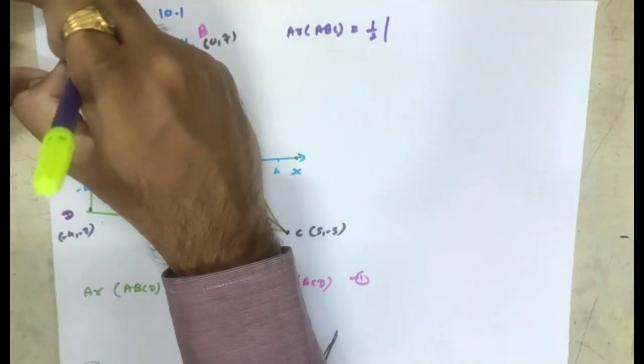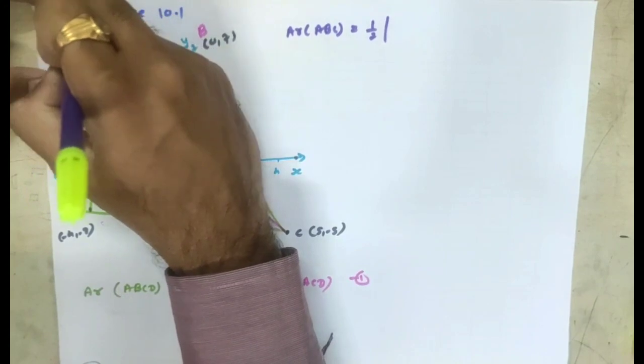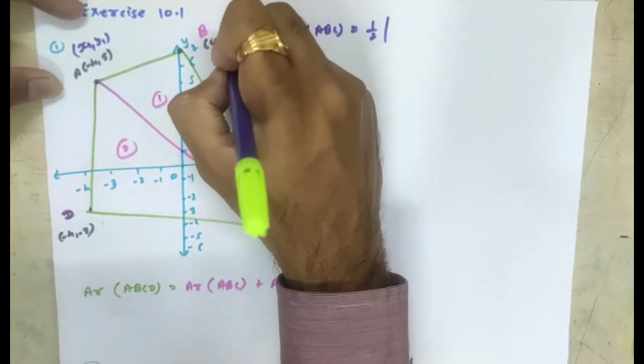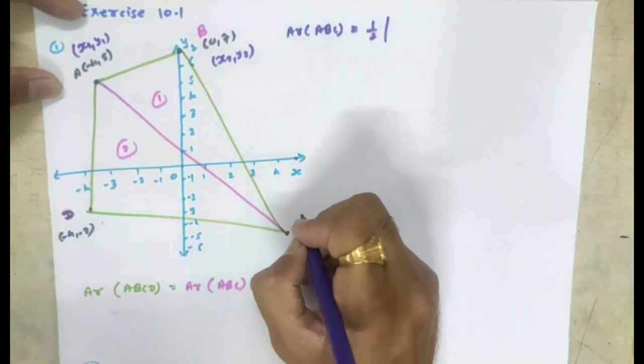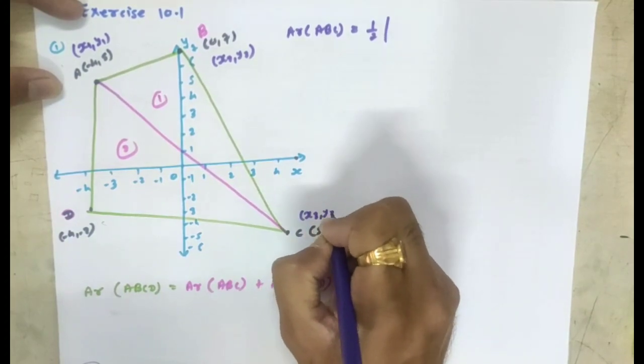Suppose this is our (x1, y1), this is our (x2, y2) and this is our (x3, y3).